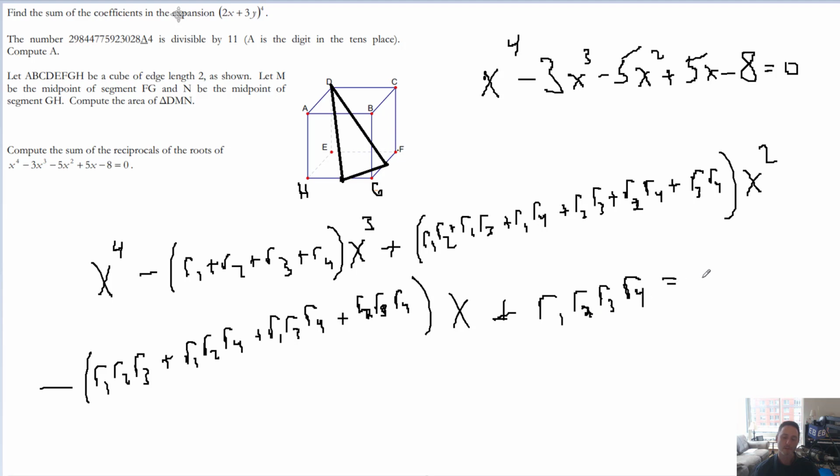Now you can look this stuff up in lots of different places. It should be in your book as well. But again, when they want us to compute the sum of the reciprocals of the roots, we need to know something about the roots. So what they want us to calculate is the sum of the reciprocals of the roots.